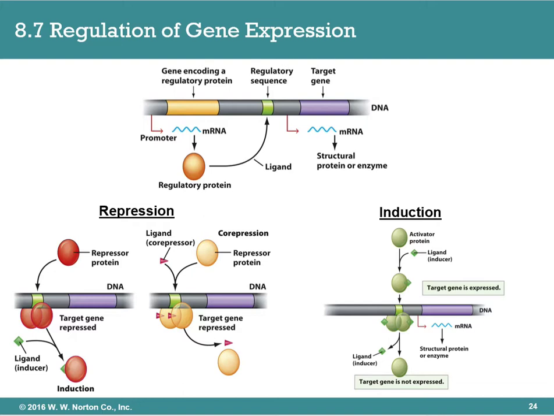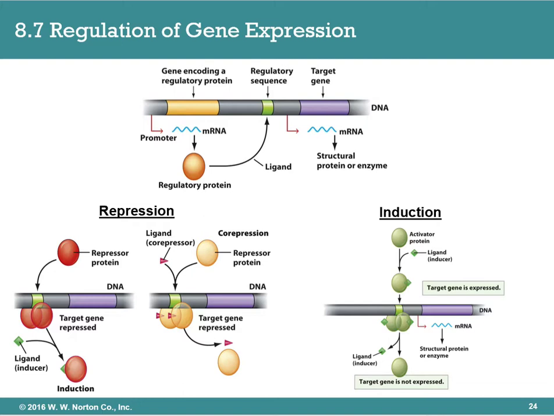So with induction, you have the operon is turned on, and with the fact that the operon is turned on, you're able to do translation and transcription. And then also it operates in a catabolic pathway, whereas repression is the opposite of it.